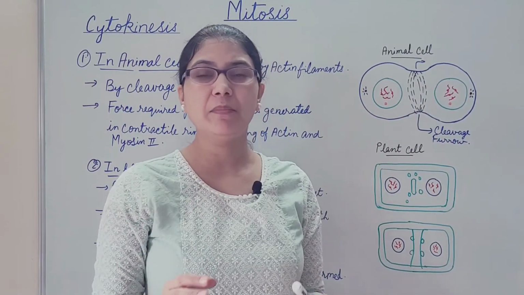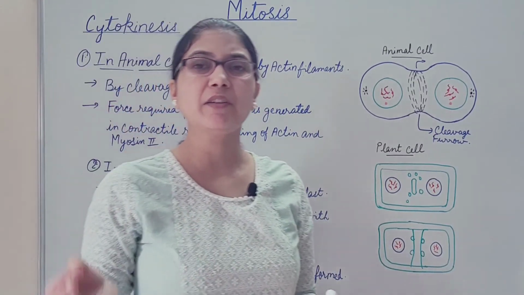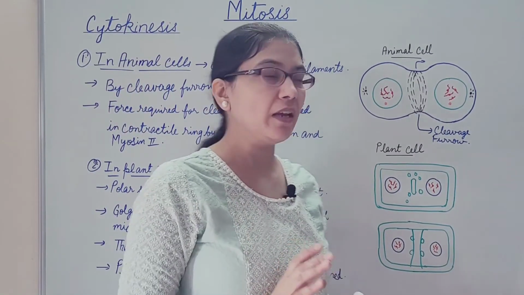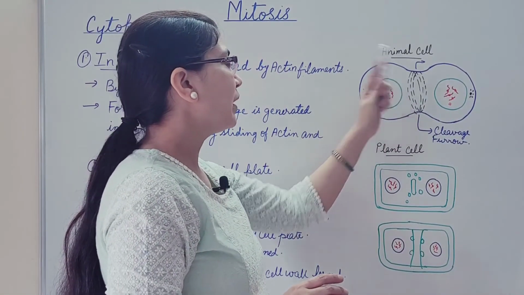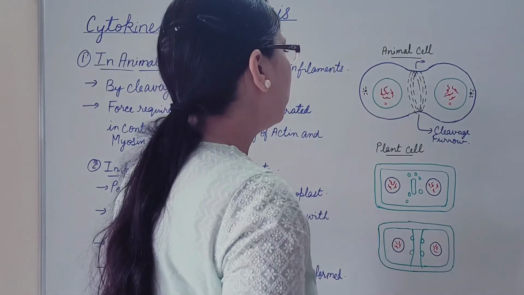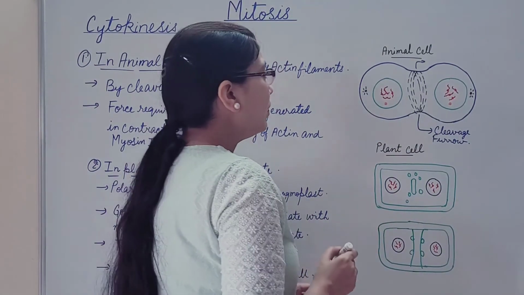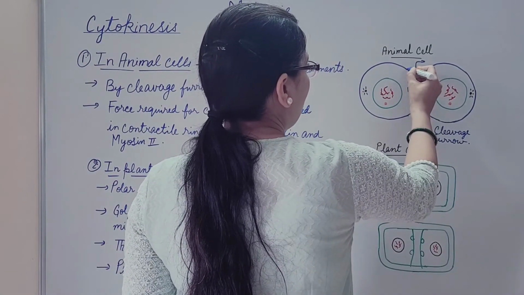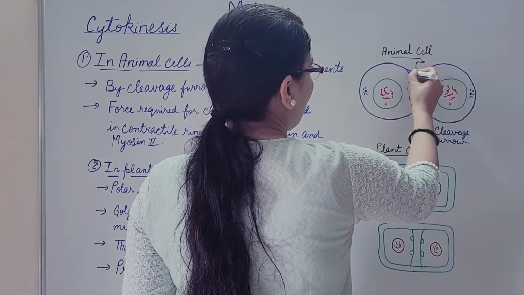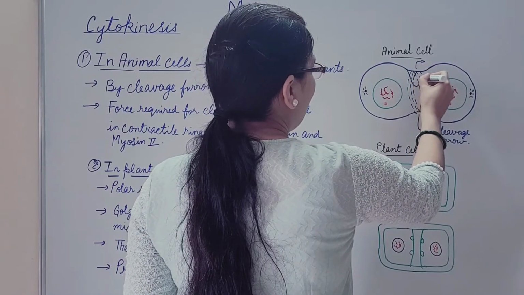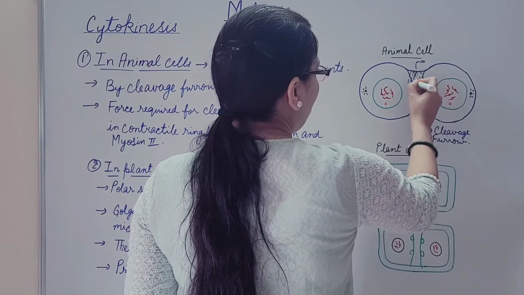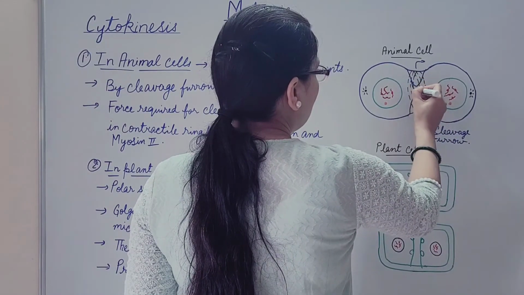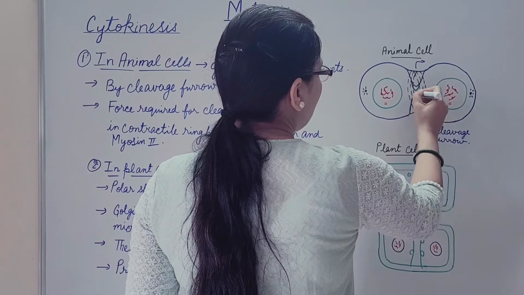Both the actin filament and myosin II slide, and force is generated in the contractile ring. This force helps in the cleavage of the animal cell. When the force is generated, then gradually the cleavage furrow deepens and these meet at the center.